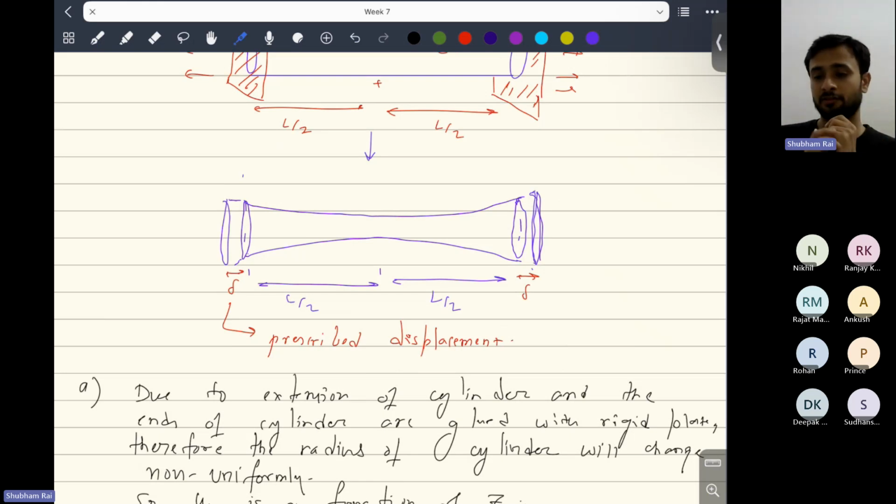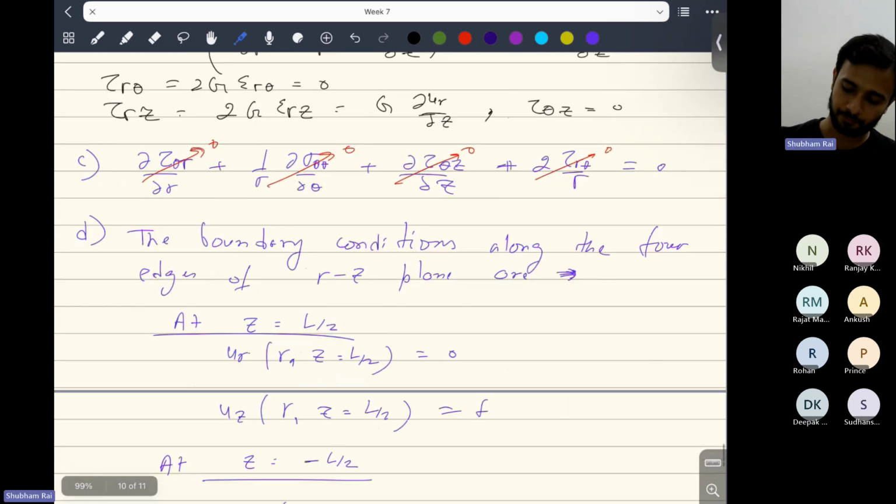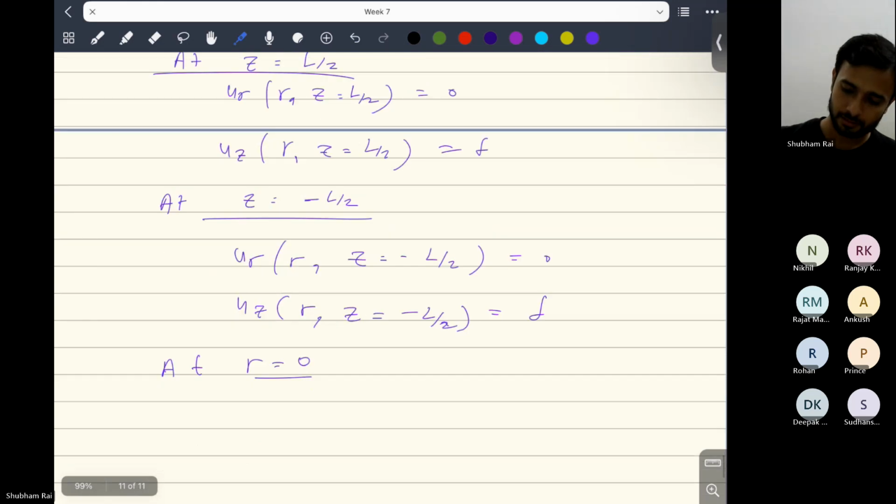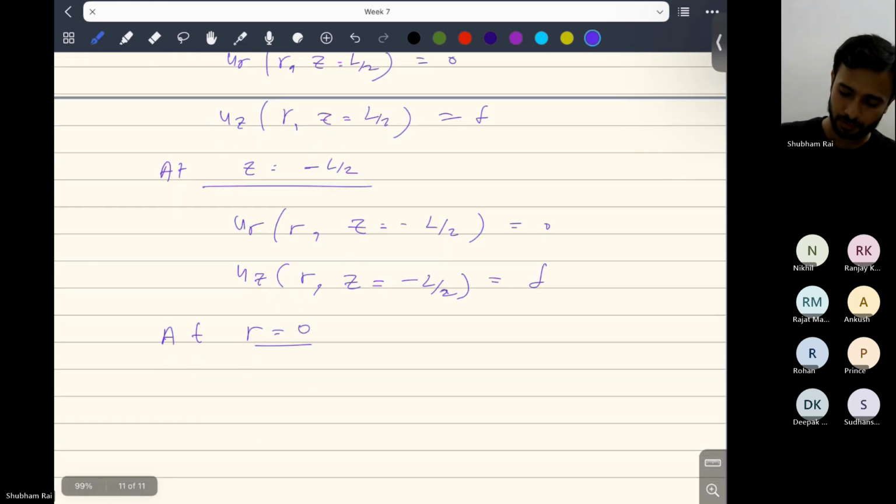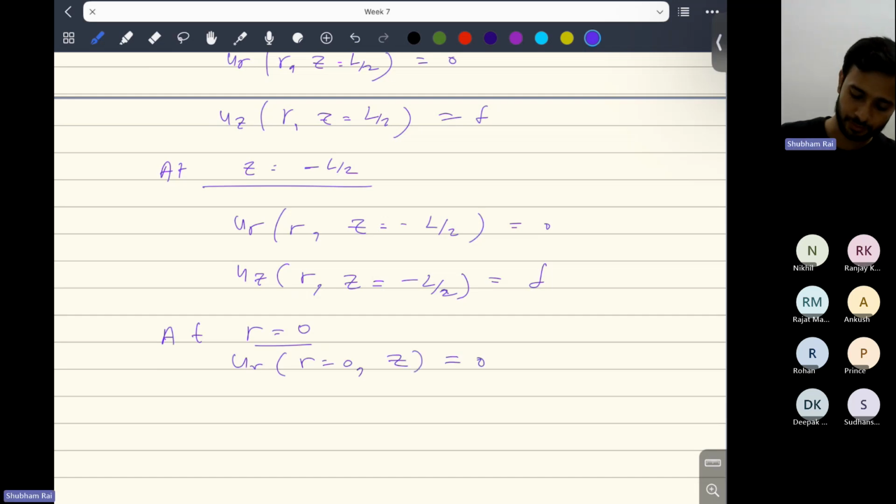So there will not be any radial deformation of the axis of the cylinder. It will be at its place only. It will not get displaced. So you can say that at r is equal to 0, at any z, UR will be 0.